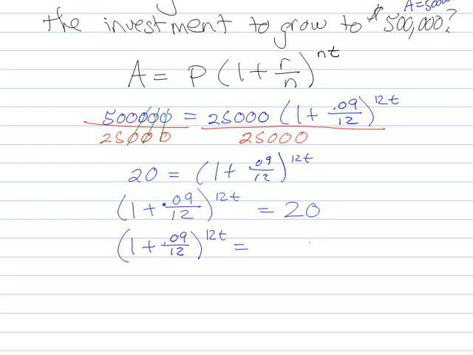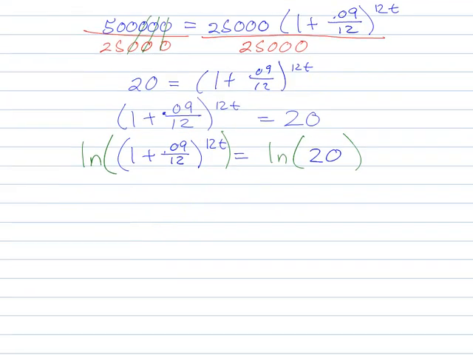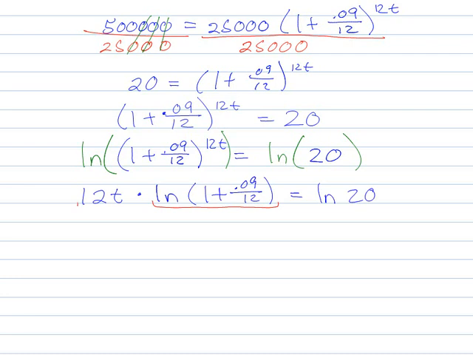So let's go ahead and take the natural log of both sides. Now we can apply our power rule: 12t times the natural log of 1 plus 0.09 over 12 equals the natural log of 20. Since this here is just a number, I can combine it with this that's just a number and put them out front together: 12 natural log of 1 plus 0.09 over 12, times t, equals natural log of 20.